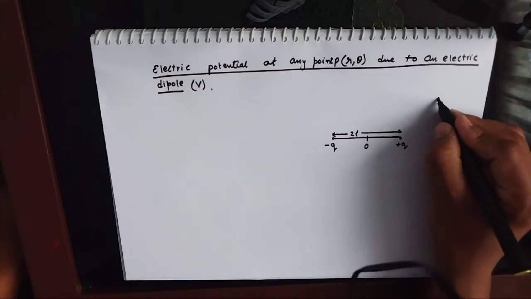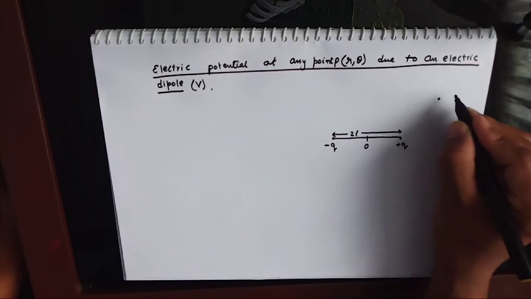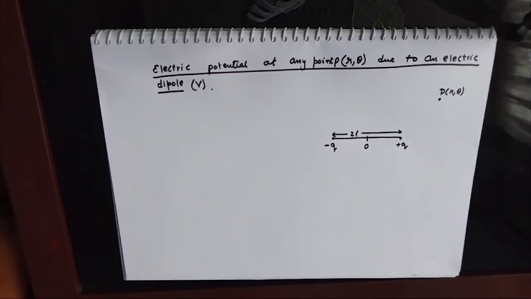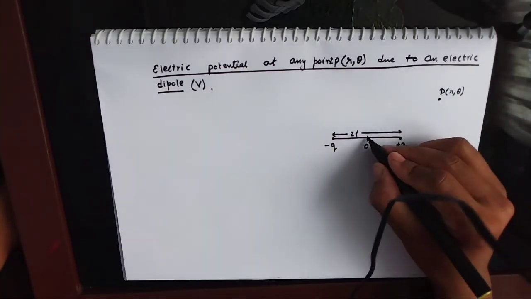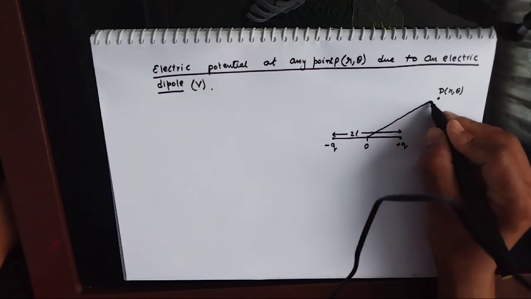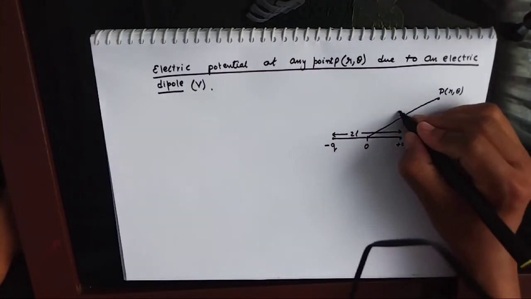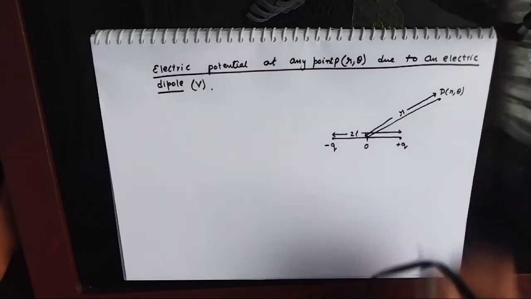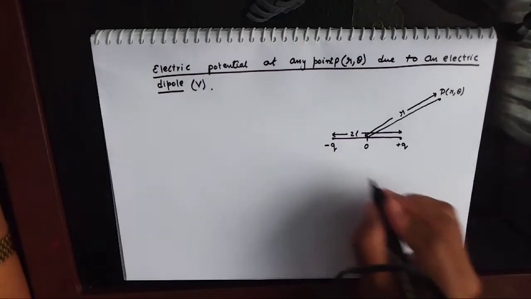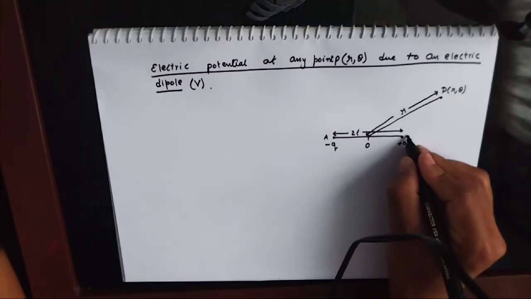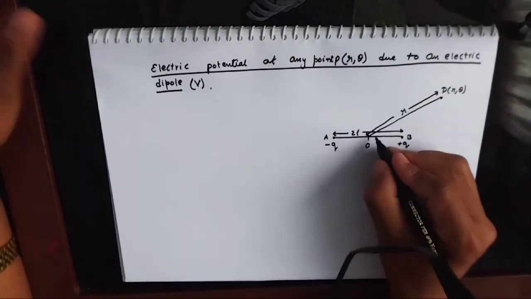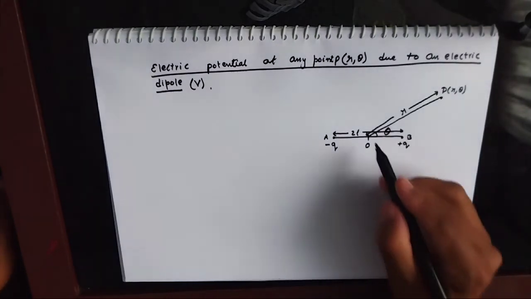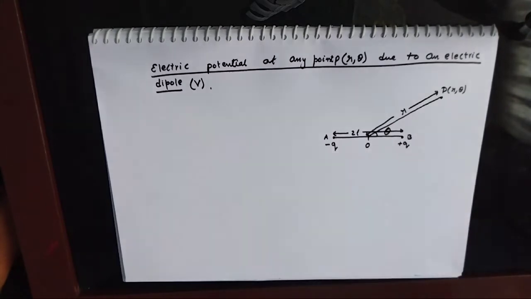Say the potential to be calculated is at this point P, with coordinates R and theta. Let us join this point P from the center. Let us mark this one by R. Say this one is A, this one is B. Say this one is theta. This angle between R and AP is theta.